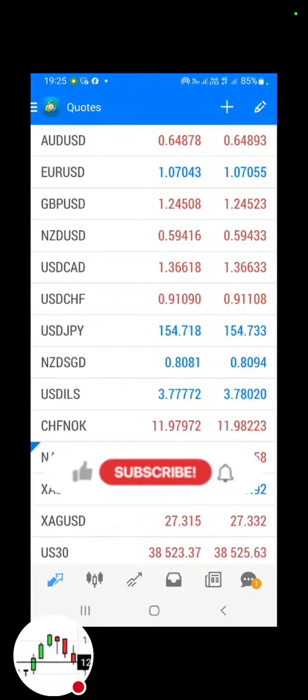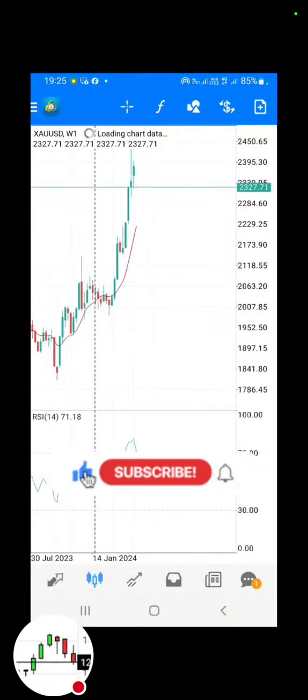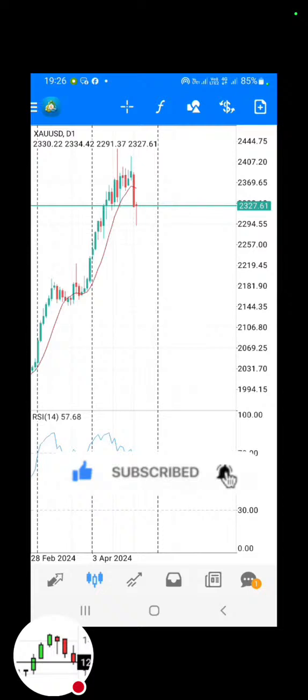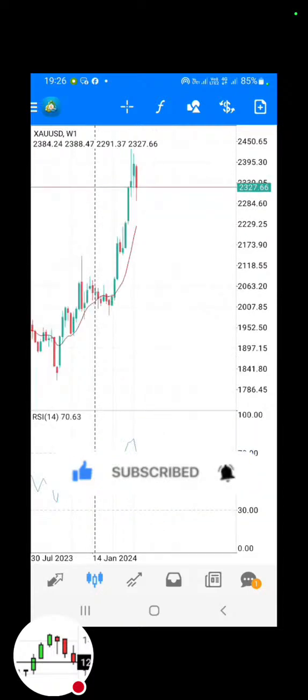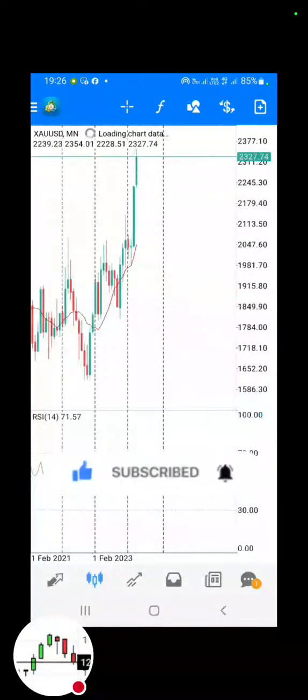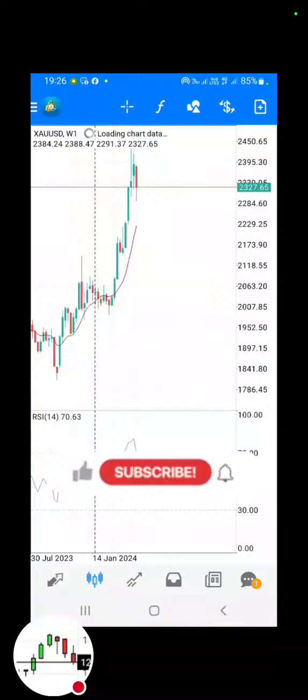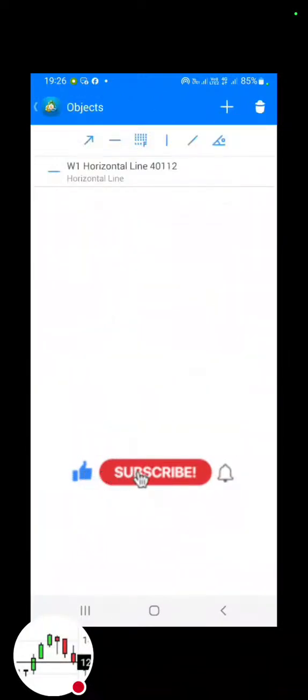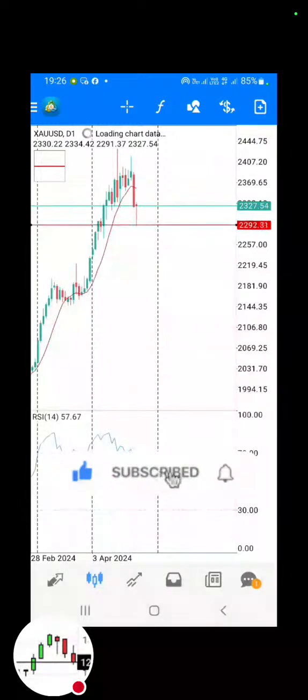Let's check gold. Gold is doing very well. It seems like we did sell yesterday. If I check the monthly chart, we are still bullish, so you have to look for buying opportunities.